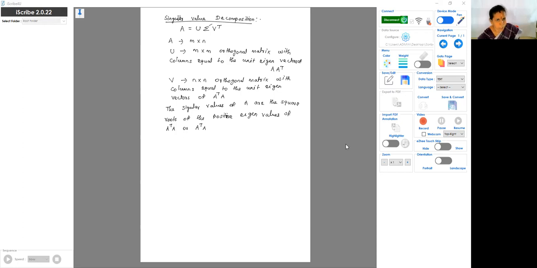So now I am defining sigma. What is that sigma? Sigma is an M cross N matrix, the order of our given matrix, with the singular values of A on the main diagonal.